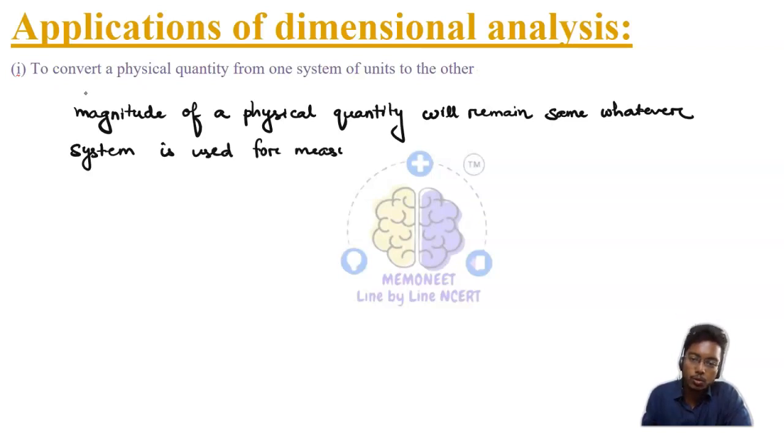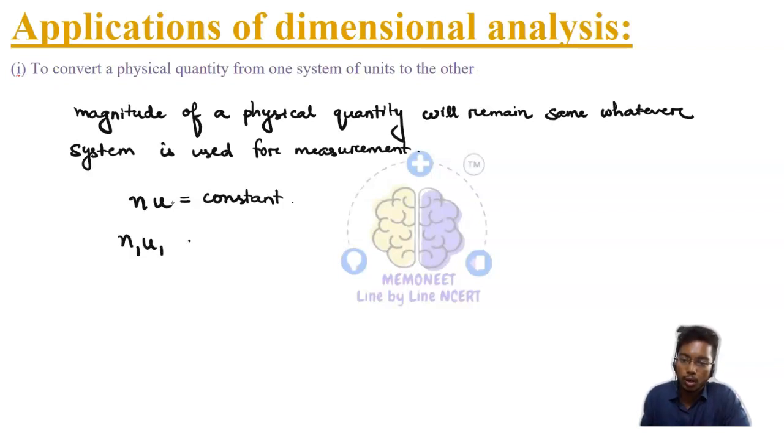So what does this mean? Let's say we have N U, where N is the numerical value of the system and U is the unit, that is equal to a constant. So if we have two systems, we can write N1 U1 is equal to N2 U2.